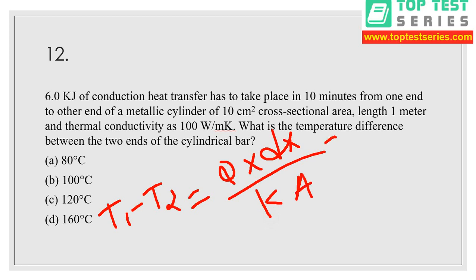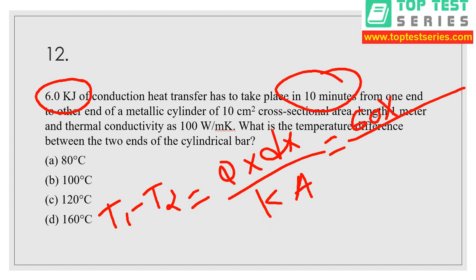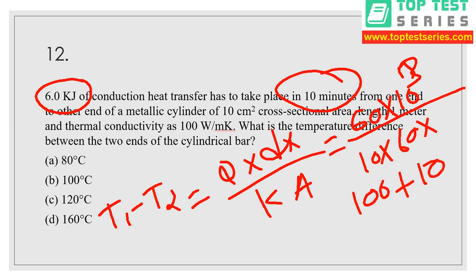So what is Q here? 60 kilojoule. That should be in watt per 10 minutes. So 60 into 10 to the power 3. 10 minutes means 10 multiplied by 60, division, right? What is the value of K here? 100. A is what? 10 multiplied by 10 centimeter square, that means we have to multiply with 10 to the power minus 4. Alright, now dx is what given we have, that is dx 1 meter.